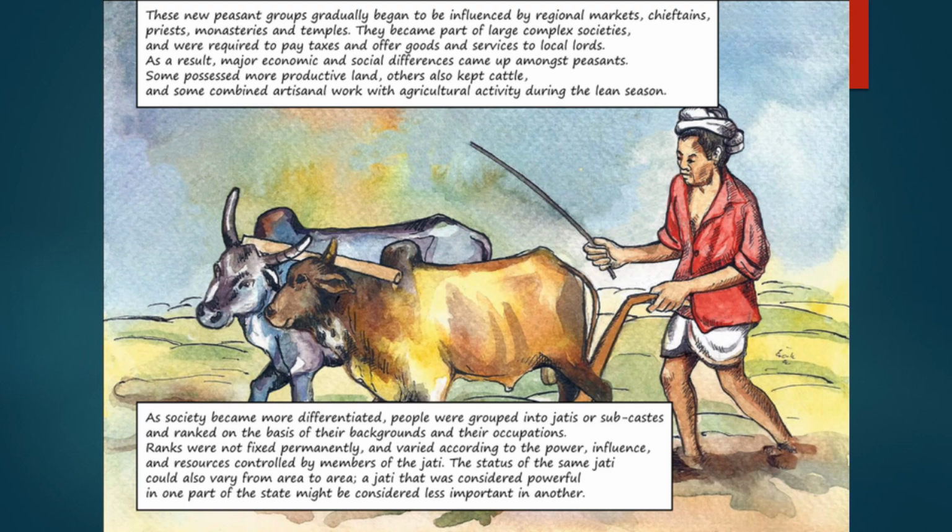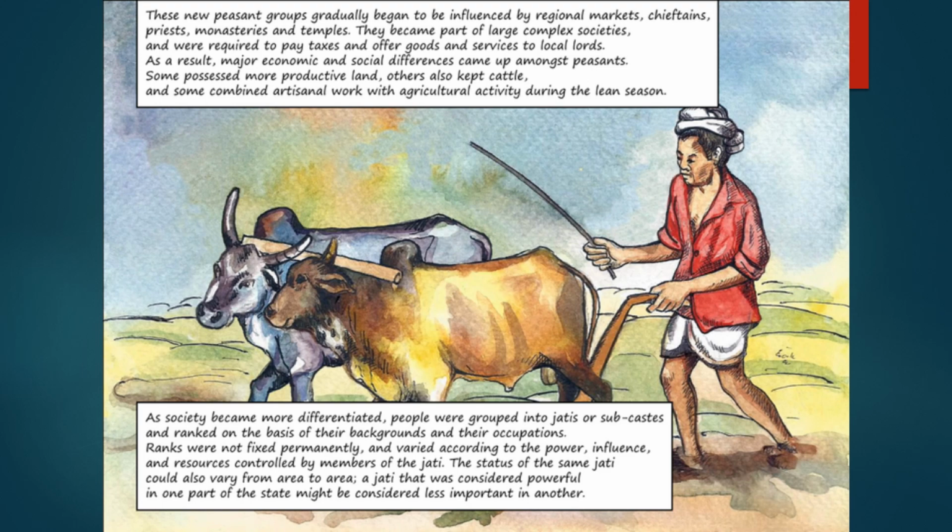These new peasant groups gradually began to be influenced by regional markets, chieftains, priests, monasteries, and temples. They became part of large complex societies and were required to pay taxes and offer goods and services to local lords. As a result, major economic and social differences came up amongst peasants.